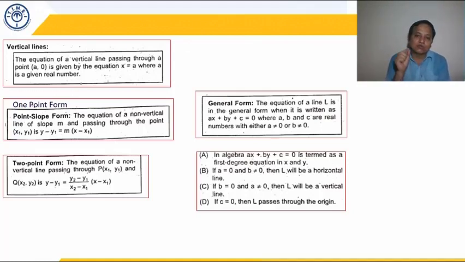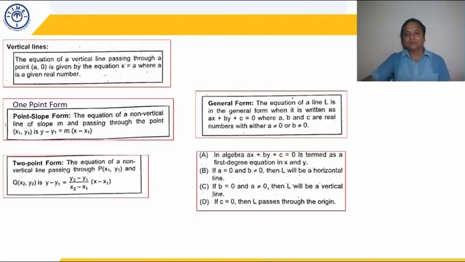If b is equal to 0, that is the coefficient of y is 0 but a is not equal to 0, then it's a vertical line. And if the constant term is missing in the equation, then the line passes through the origin.